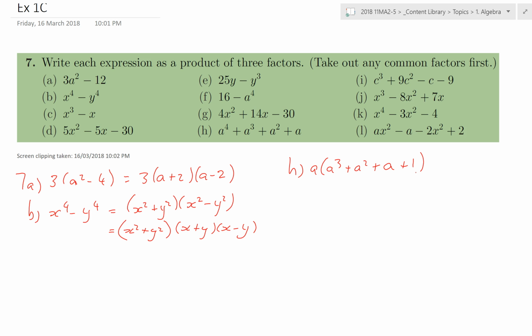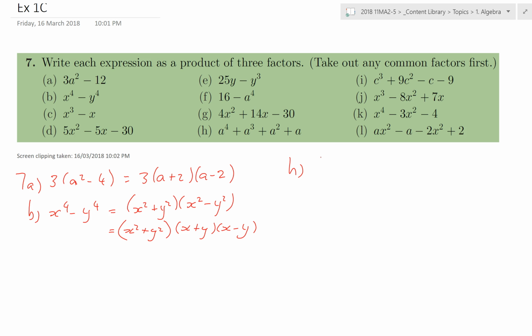Well, maybe we can group by pairs. Let's take a further, no, I don't like that approach. You know what? This is a weird sort of question.